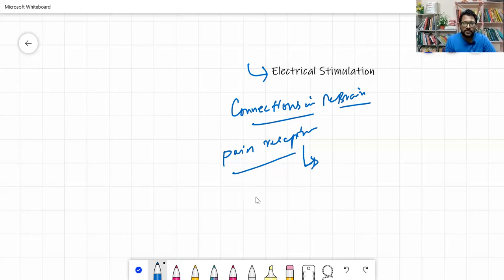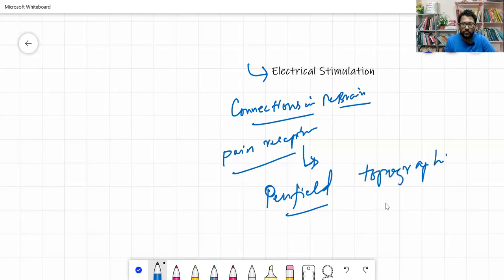So using this technique, Penfield, the scientist, was the first researcher to discover the amazing topographical representation of body areas. For example, this is a hand: the movements are controlled and coordinated by a particular area within the brain.